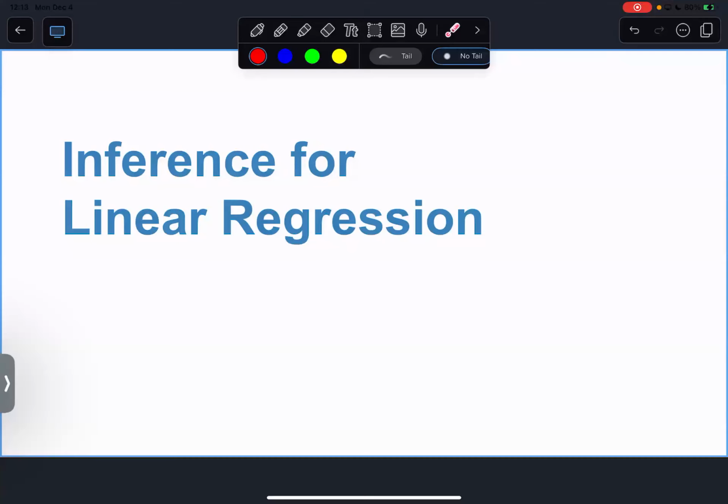Just been motor mouthing. Should we call it? No. Inference for linear regression. How much more do we have? I know, I set you up. I phrased it weird.